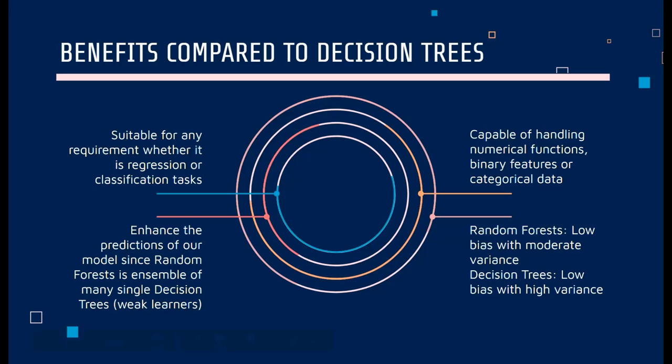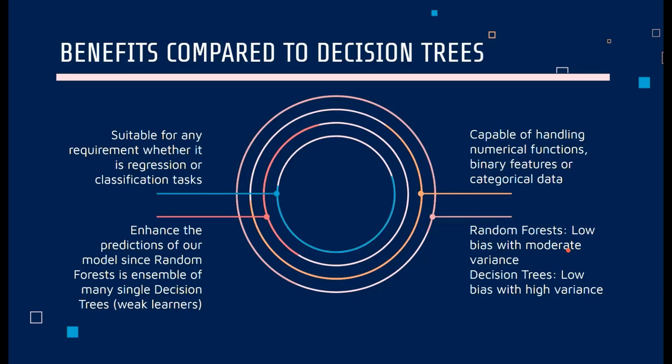This method is called ensemble methods, which use multiple learners or algorithms and group them together to create a stronger machine learning model. In our project, random forests are an ensemble of multiple single decision trees. A decision tree contains a low bias.